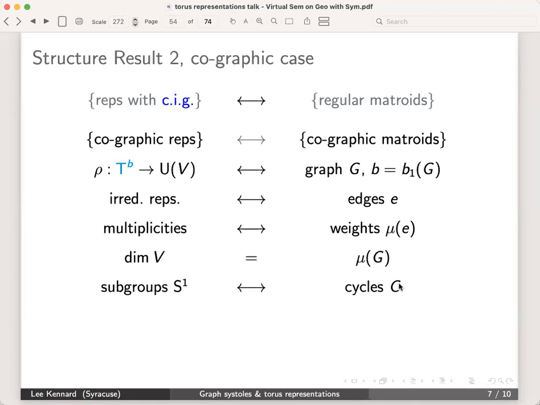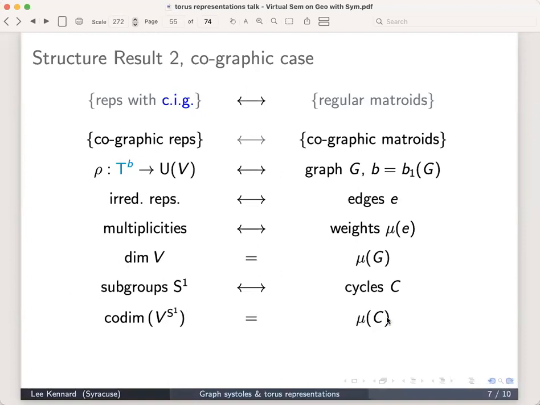So a closed curve in the graph. And more specifically, when you look at the fixed point set of that circle and measure its codimension, that's counted by the length of that cycle. All right. Now, we want to know the codimension. We want to minimize over circles.